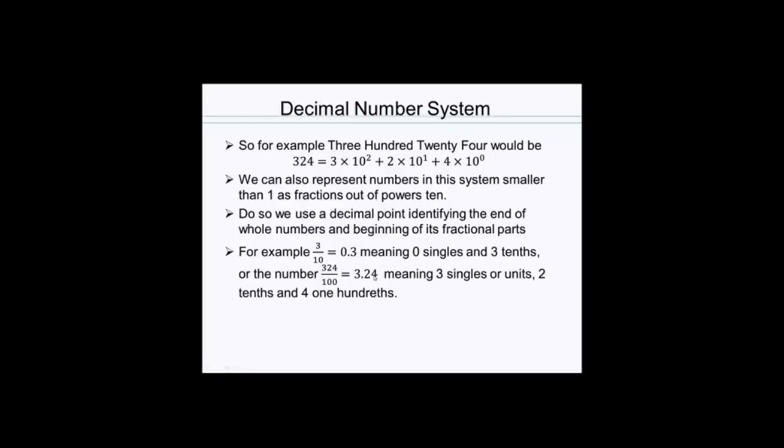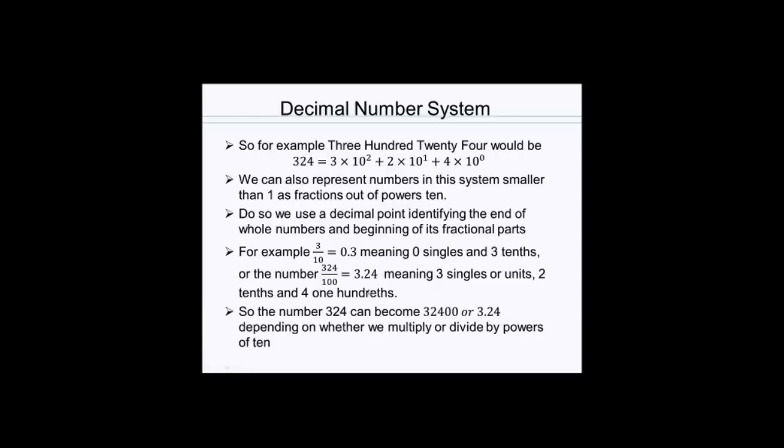So multiplying and dividing by powers of 10 becomes easy in our decimal number system. So we can have 324 multiplied by powers of 10. We'll end up with 324,000. That simply means 32,400.